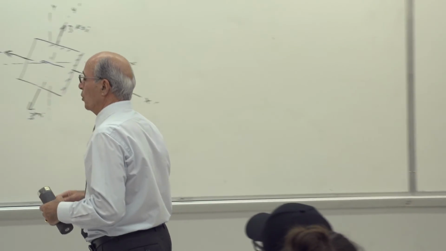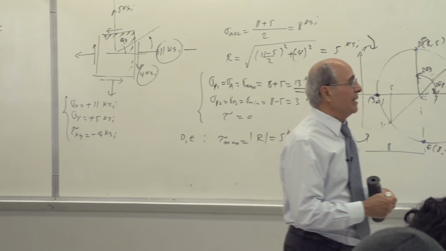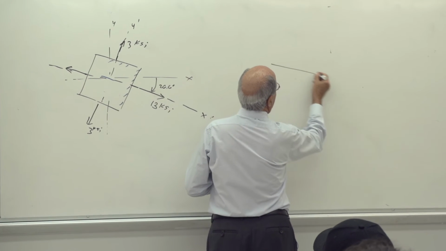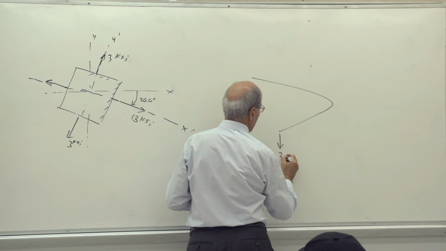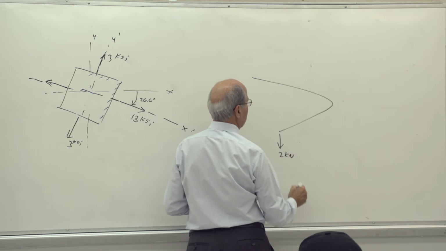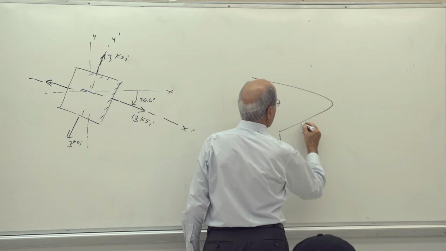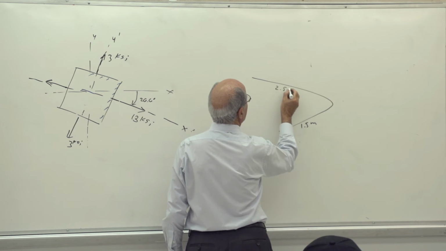Let's say there is a handout problem there. Let's say I give you a rod like this, and I put a load here like that, 2 kilonewton, something like that in your handout. And let's say this length is equal to 1.5 meters, and this length is equal to 2.5 meters.